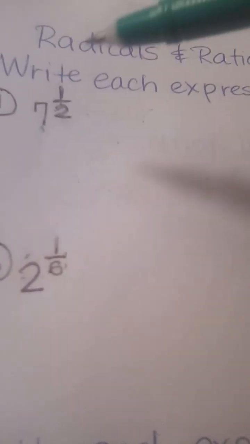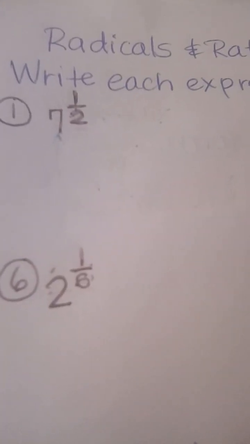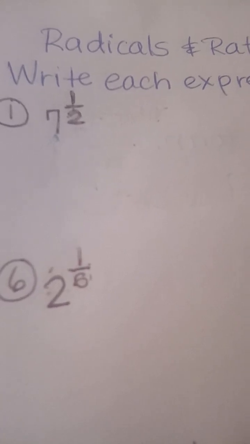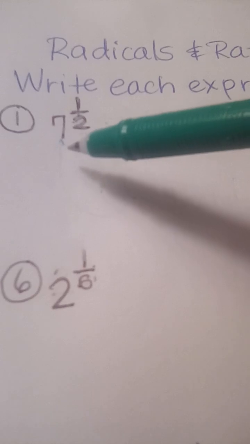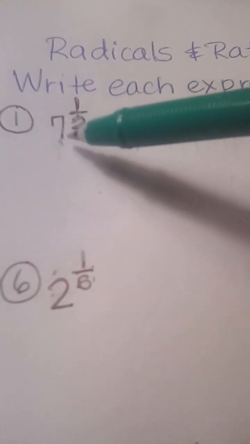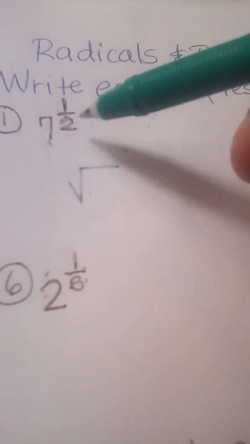Number 1, we have 7 with the exponent 1/2 power. Question: which one is the radicand? Which one is going inside the square root? The 7, the 1, or the 2?